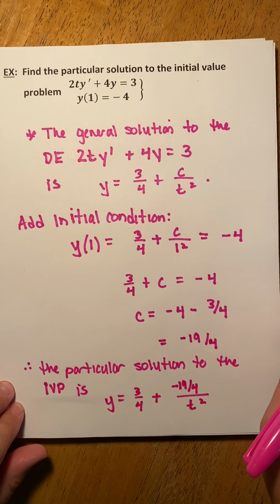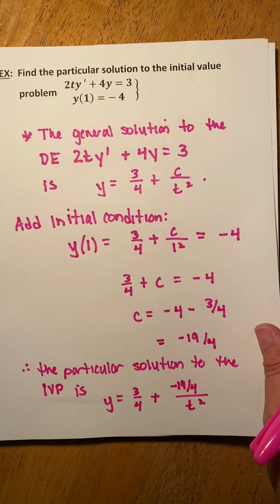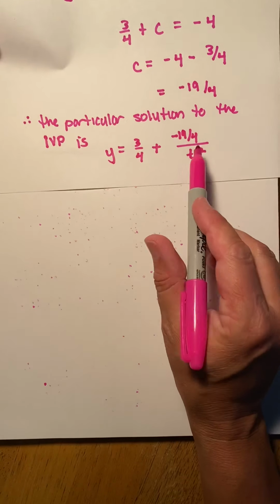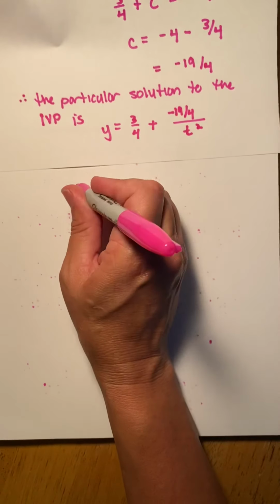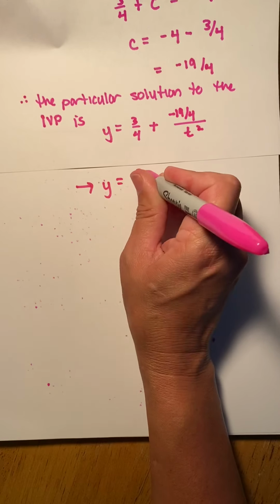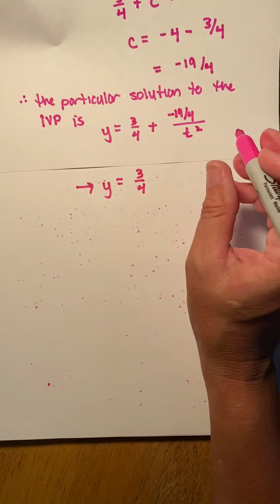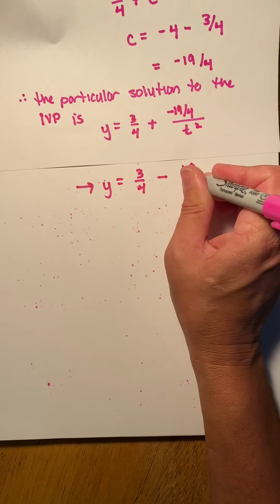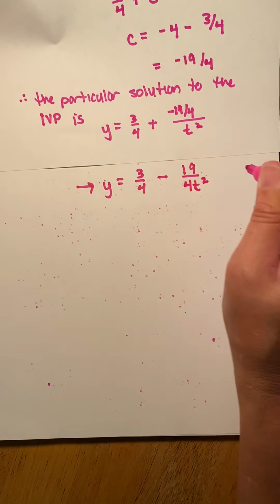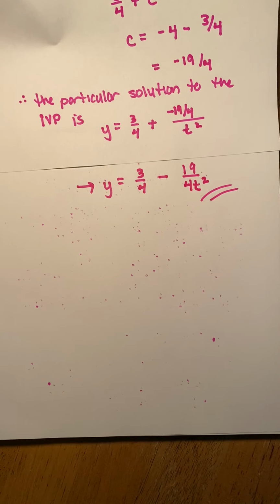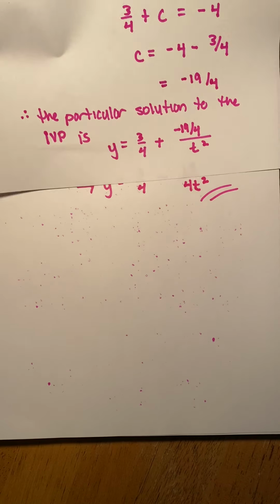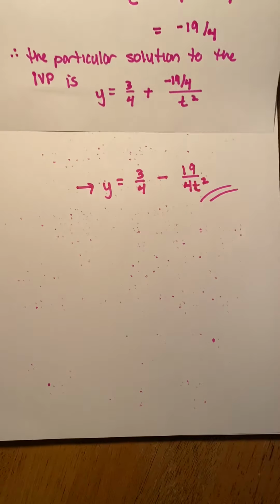But we do not leave fractions in fractions, especially at this level in Calculus 2. So we're going to just rewrite this as y equals 3/4, multiply the top and the bottom by 4, and I'm going to get -19/4t squared. So that would be the solution, the particular solution when we add this initial condition.